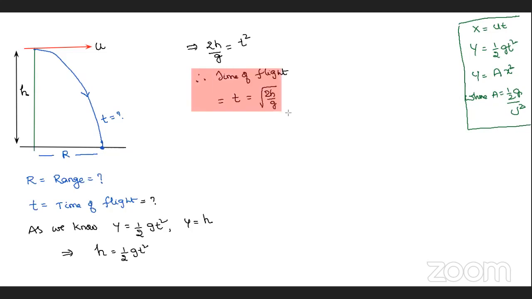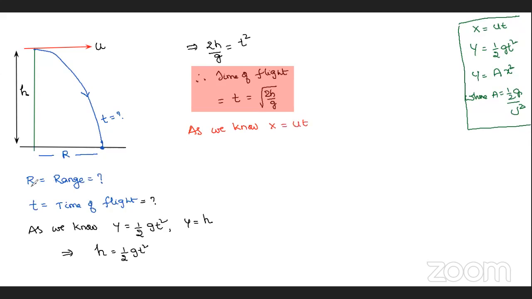And in the same way, you can calculate the range also. Look here, is the range along the x-axis or y-axis? Along the x-axis. Along the x-axis, you know the formula, u into t. As we know, x equals ut.